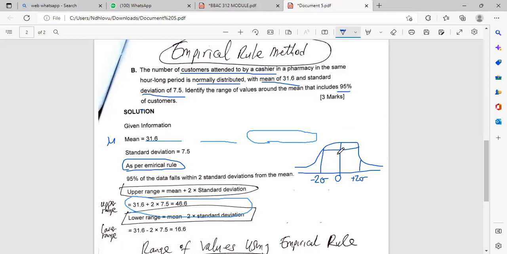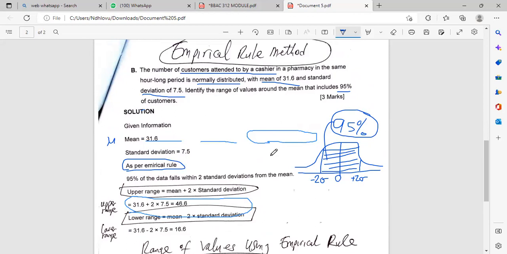They have given us this percent, which is 95%. So we are going to determine the range of values around the mean that includes 95%. So 95% means we are talking about 2 standard deviations of the mean.